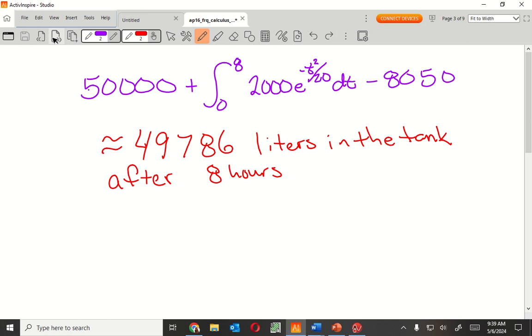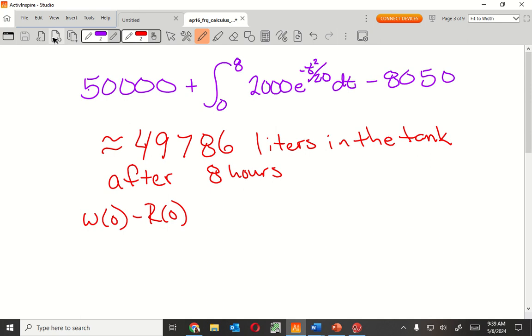So what is W of 0 minus R of 0? So we're evaluating for both of these.